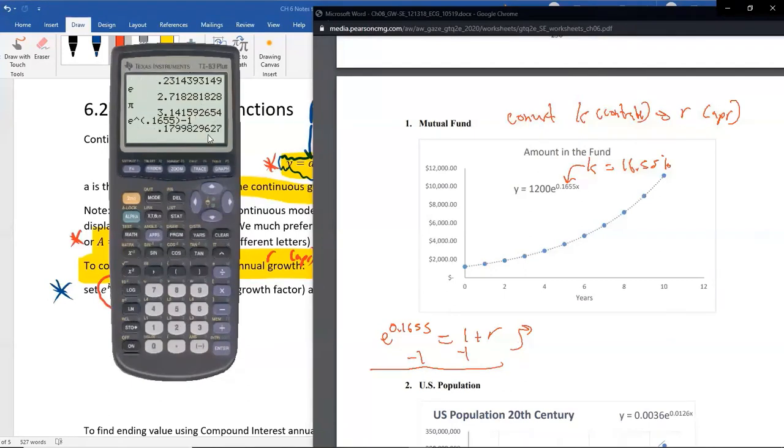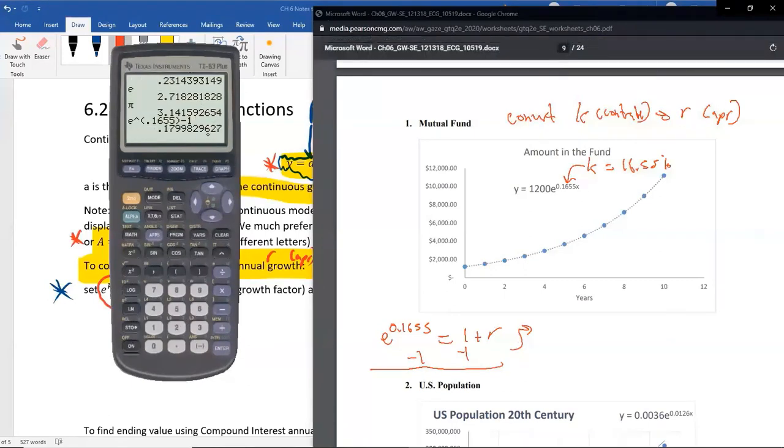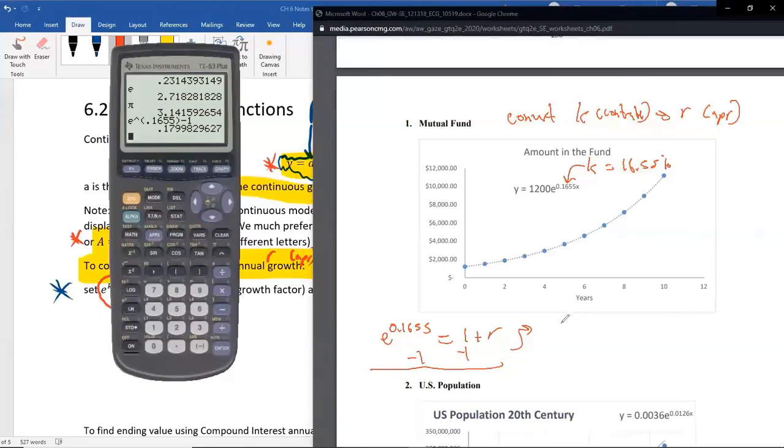And that gives us 0.1799829, which is equal to r, but we got to convert that to a percent, so the decimal goes right twice. That's 17.99829. Now this k was rounded to 2 decimal places, so let's round this to 2, which would make it 17. The 8 would tell us to round up, so actually it becomes 18%.